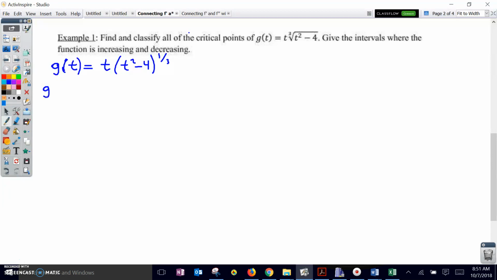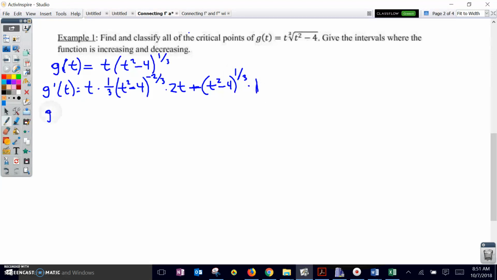So I've got g prime of t equals t times the derivative of the quantity t squared minus 4 to the 1/3, which is 1/3 times the quantity t squared minus 4 to the negative 2/3 times the derivative of the inside, don't forget the chain rule there, times 2t, and then plus t squared minus 4 to the 1/3 times the derivative of t, which is 1.